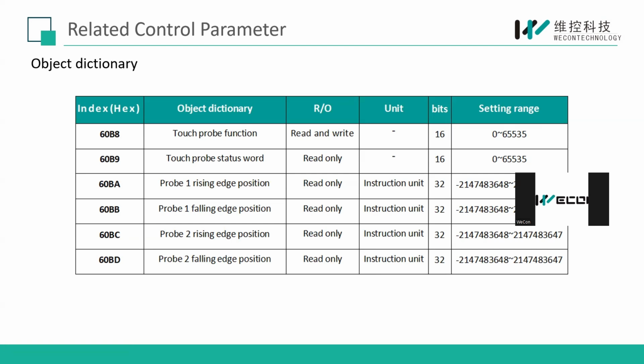And there are other four object dictionary used to store the position of the motor. Because for each probe we can use rising edge or falling edge to store the position. So here for each probe we have two object dictionary to store the position information.